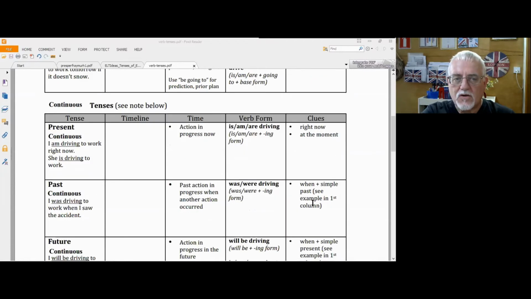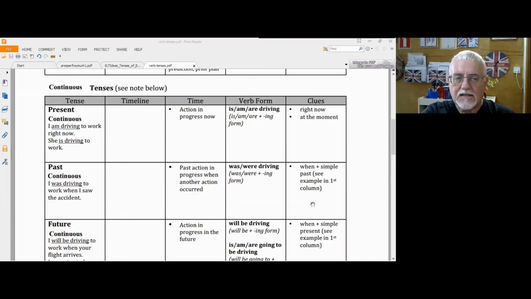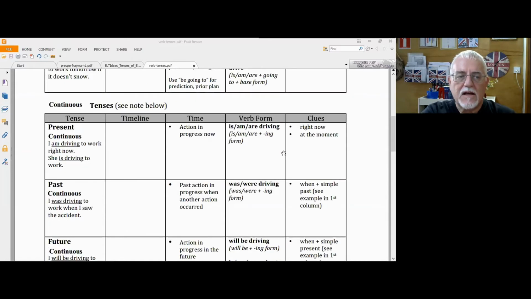Now, our friends across the water in America like to call this the progressive tense, but as this is British English, then we will use continuous tense. And you can see here that continuous tense is the present continuous tense. I am driving to work.